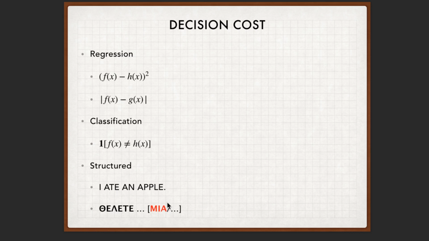So maybe the error measure needs to take this into account, considering the previous output words of the system, and determine, given the input sentence and given what I have output, what cost to assign to the next output.